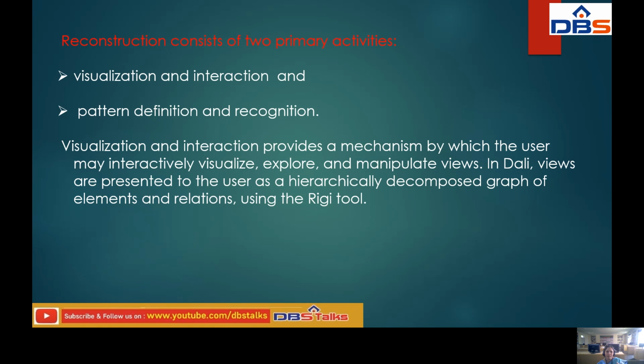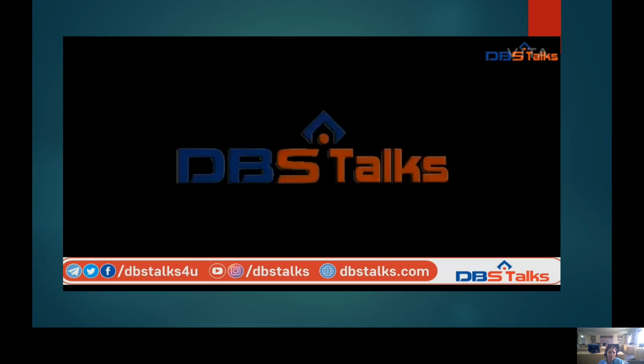And pattern definition and recognition, meaning which patterns, which styles, and how to define and recognize them. Here we mainly use the Dali workbench mechanism, which presents the views to the users as a hierarchically decomposed graph of elements and relationships using the Dali tools. That is the main use of this information.